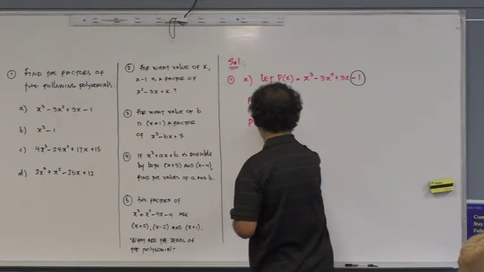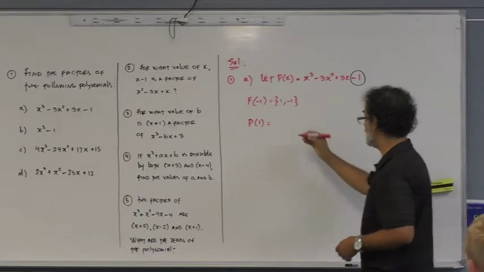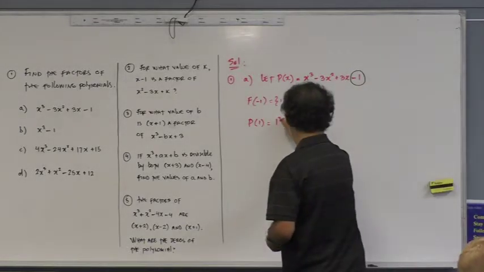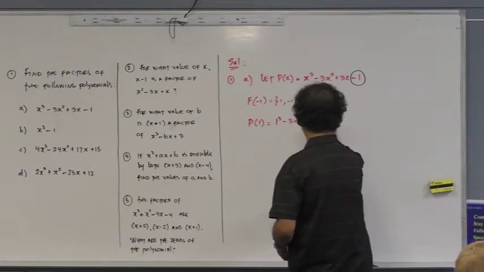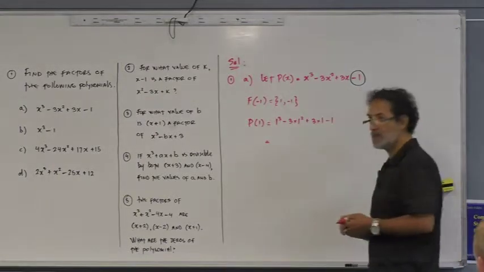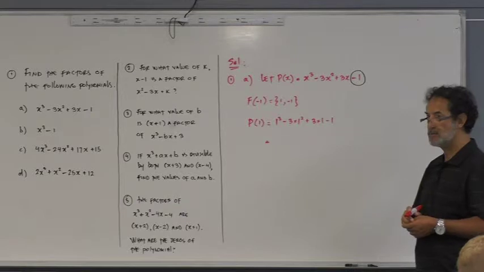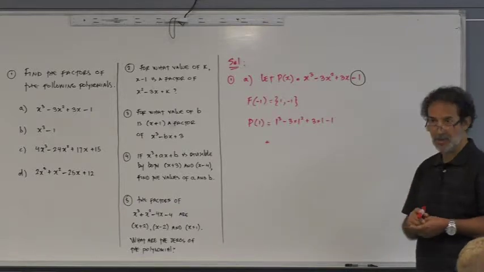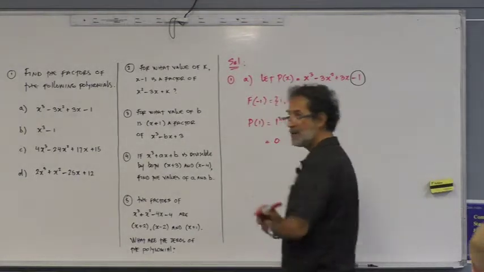P of +1 is going to be 1 cubed minus 3 times 1 squared plus 3 times 1 minus 1. What is the answer for that? 0. Excellent. That's what we want.